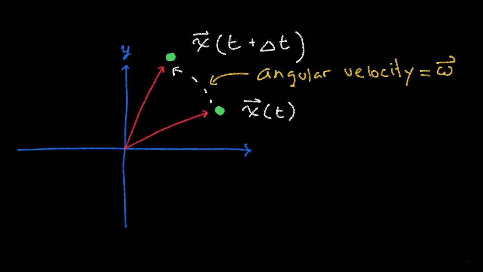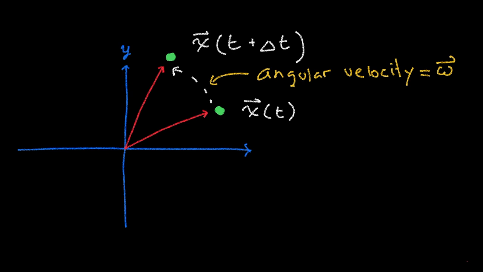As usual, we return to our standard setup. Our particle x is rotating, so it starts at some position at time t, it rotates to a new position at time t plus delta t, and it does this according to some angular velocity vector omega.